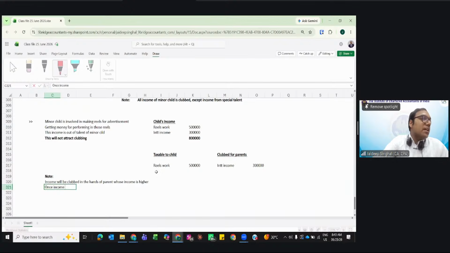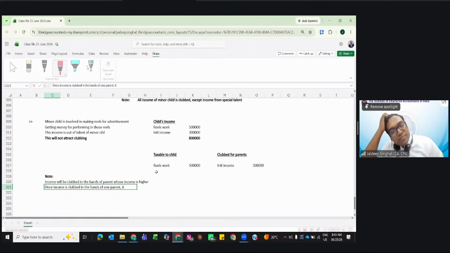Once income is clubbed in the hands of one parent, let's suppose in the first year the husband has higher income, so it is clubbed in the hands of the father.